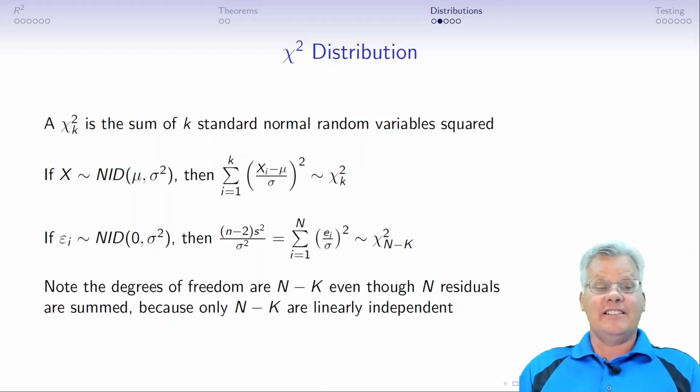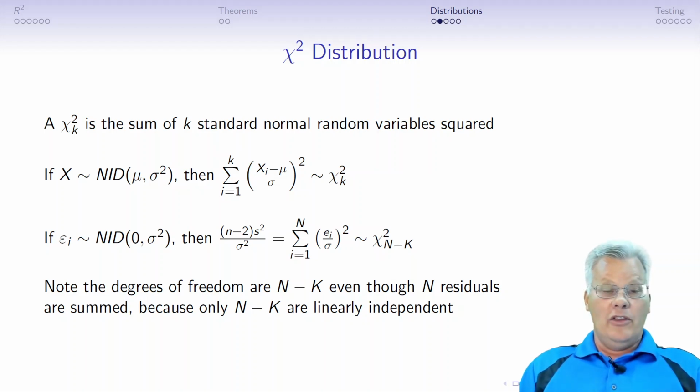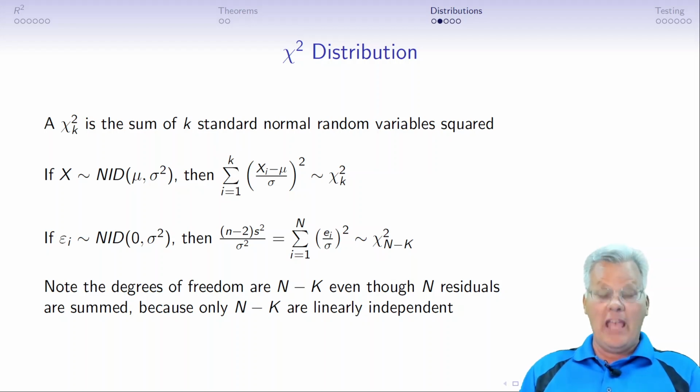The applications of this, if we think about the true unknown stochastic disturbance term epsilon, if epsilon i is normally and identically distributed with mean 0 and variance sigma squared, then what I could say is that n minus 2, where n is the sample size, times s squared divided by sigma squared, the true unknown variance, we can rearrange that and see that this is equal to the sum, i equal 1 to n, of e, which is the regression residual, divided by the true unknown standard deviation sigma, quantity squared.